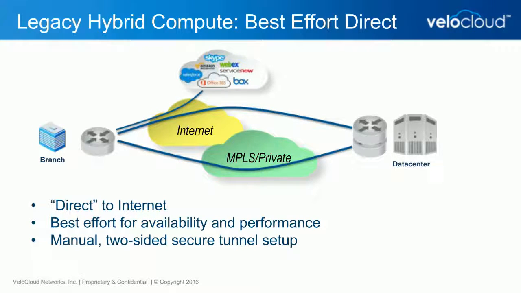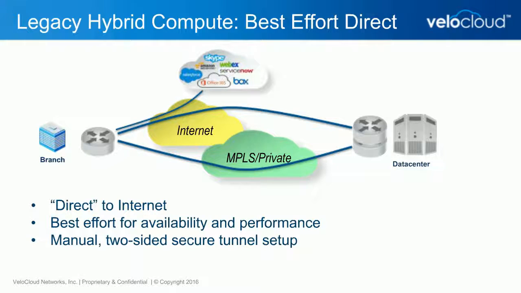But the problem here is it bypasses both the private circuit with the SLAs, as well as the SD-WAN overlay between the branch and the data center, and basically puts it on an unmanaged, best effort internet link straight out, something that Gartner calls spray and pray. So this is not ideal either.